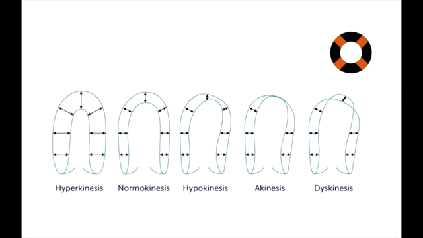We can describe wall motion abnormalities by determining how much the myocardium thickens or moves. If it moves more than normal, we speak of hyperkinesis. If it contracts normally, of normal kinesis, a bit less than normal, hypokinesis. If it does not move at all, akinesis. And if it moves the other direction during systole, we talk of dyskinesia.